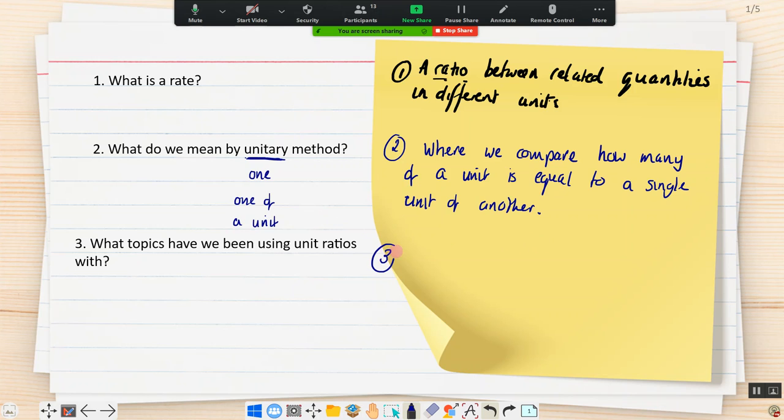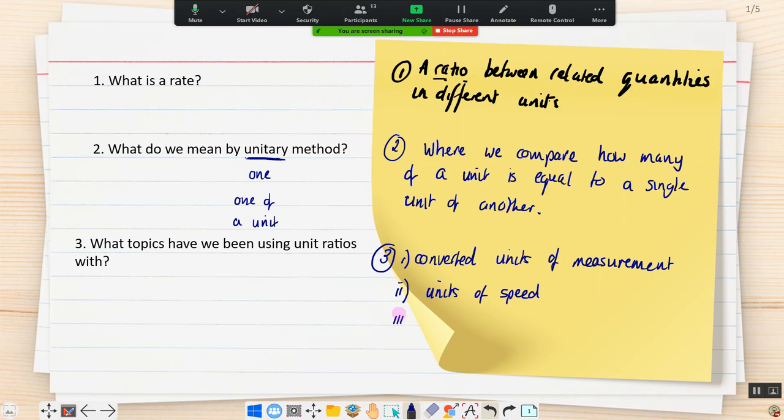So the third one, what topics have we been using unit ratios in? Well, we've already kind of talked about that. So we have converted units of measurement. All right. So that was the first thing we did. The second thing we did was units of speed.